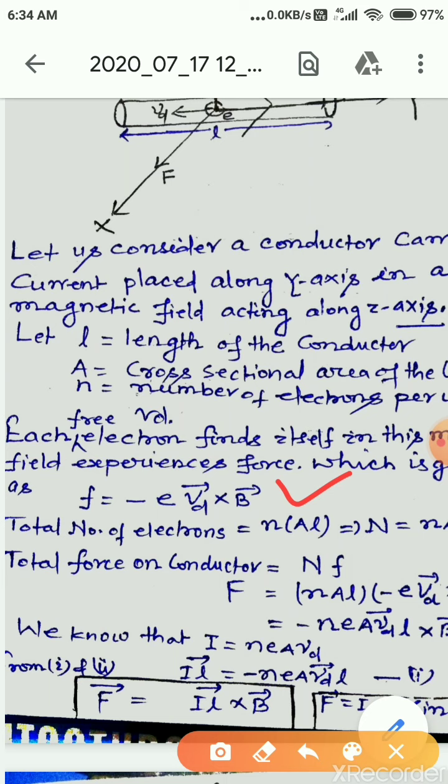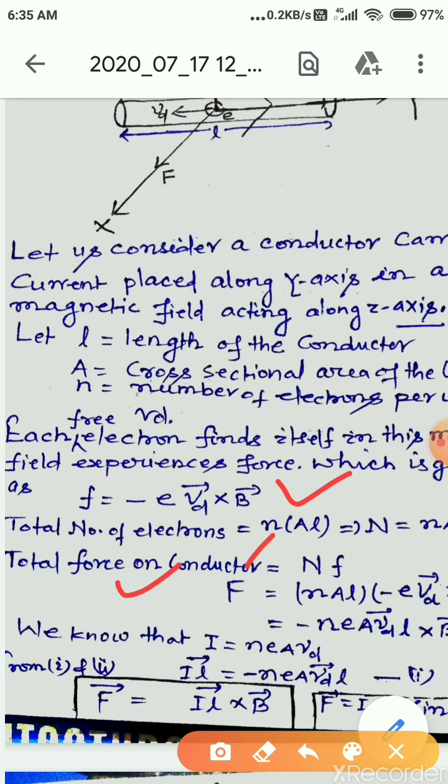Now, how many electrons are there in the conductor? Let n be the number of electrons per unit volume. A is the cross-sectional area, L is the length, so the volume of the conductor will be A into L. So n into A into L will give you the total number of electrons.